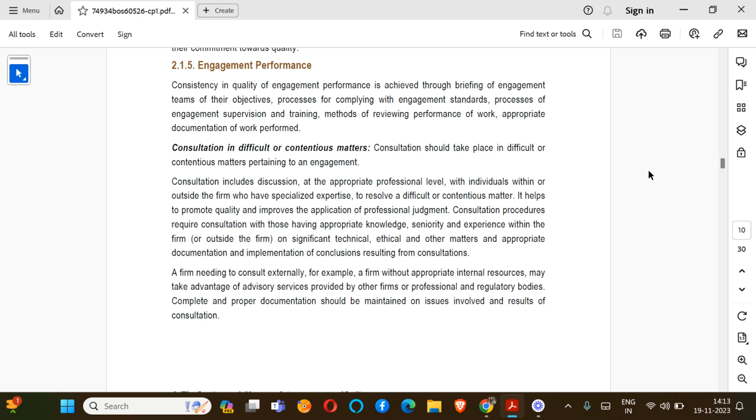एंगेजमेंट परफॉर्मेंस का क्या मतलब है? देखो, basically you have to brief your engagement team. क्या आपको लगता है जब कोई ऑडिट करने जाता है तो कौन कौन जाता है? आप भी गए होंगे, आपको पता होगा there is this one senior and who accompanies you. He might be like, he has to be a chartered accountant, of course, but then there are also some juniors, like his juniors.